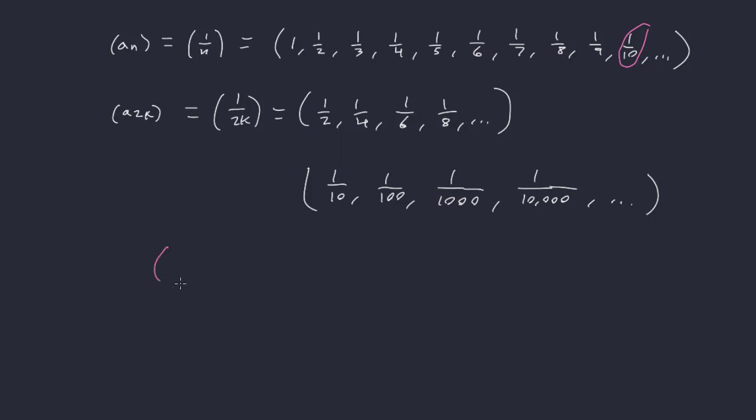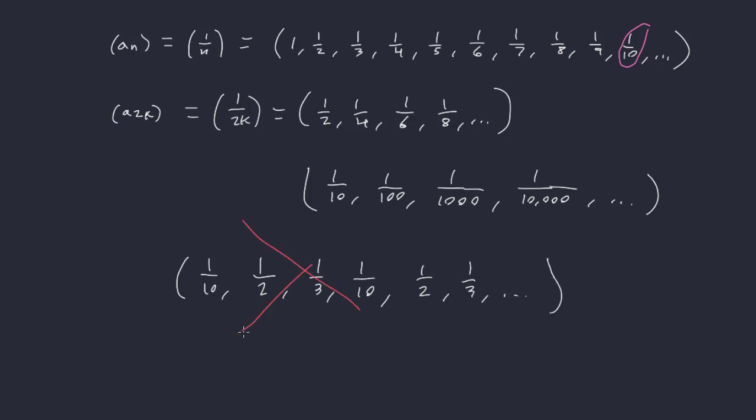For example, if I started doing this, if I did 1/10, then 1/2, then 1/3, then 1/10, then 1/2, then 1/3, this is not a subsequence of a_n, because it shares terms, but not order.